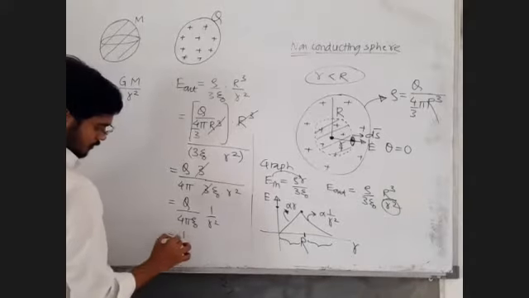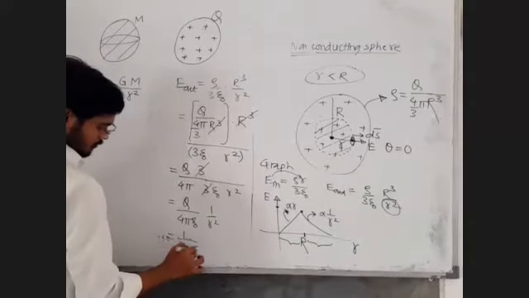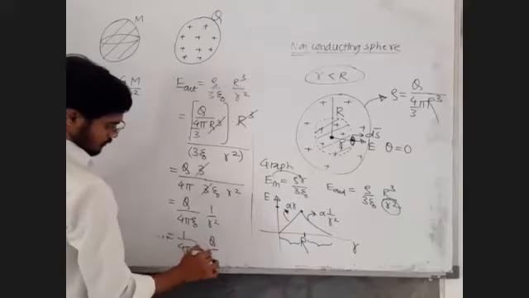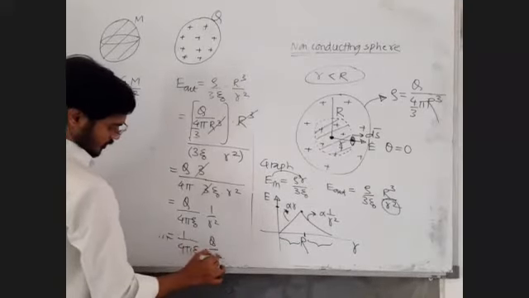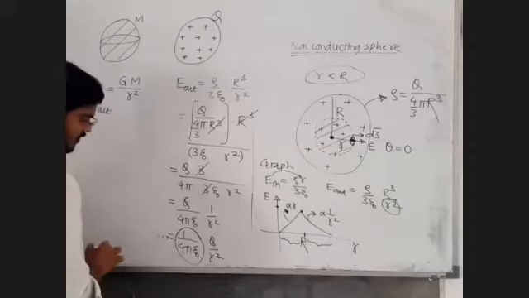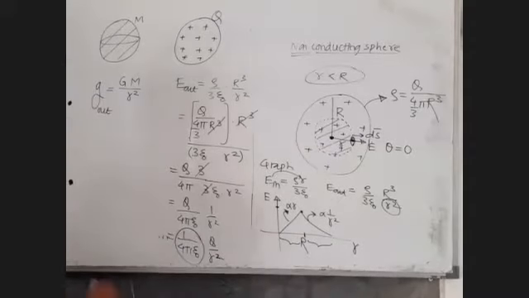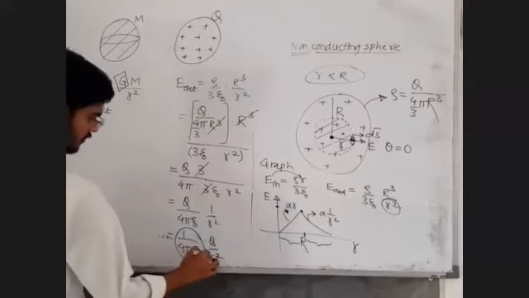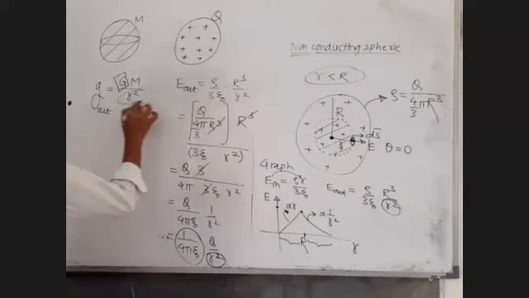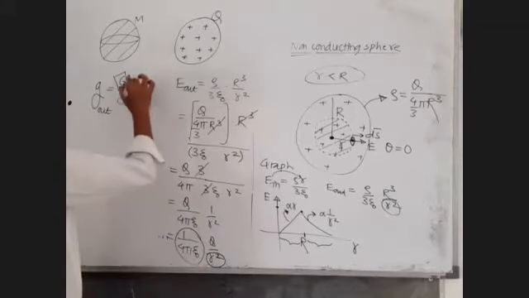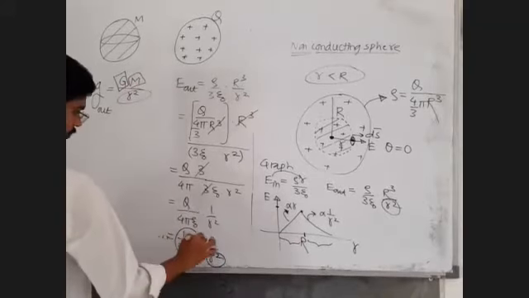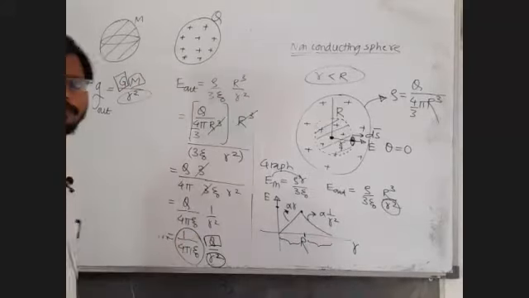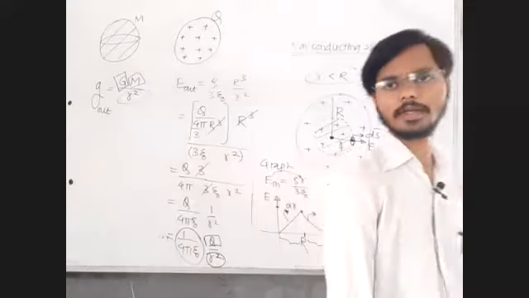Rearrangement. So this is your electrostatics constant, 1 upon 4 pi epsilon 0. This is your gravitational constant G. This is distance R square. This is distance R square. This is mass. This is the corresponding analogy, charge. Reply me, clear and written.